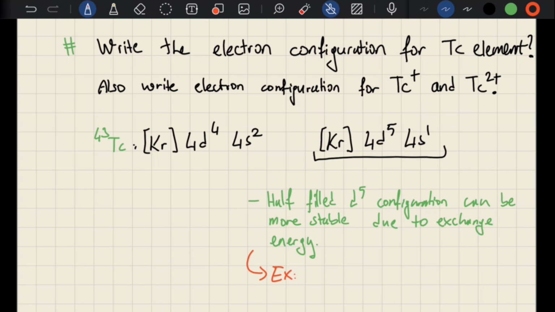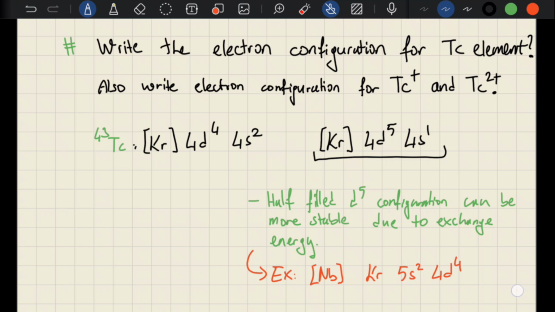And for the exception, niobium is a good example, I think. If you look at the niobium element, its configuration is [Kr] 5s2 and 4d4.